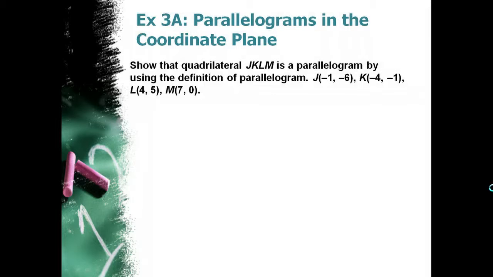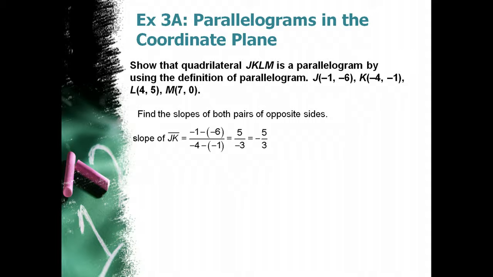Let's look at an example in the coordinate plane. We are given some vertices of a parallelogram, and we want to show that this is a parallelogram by using the definition. So find the slopes of both pairs of opposite sides.